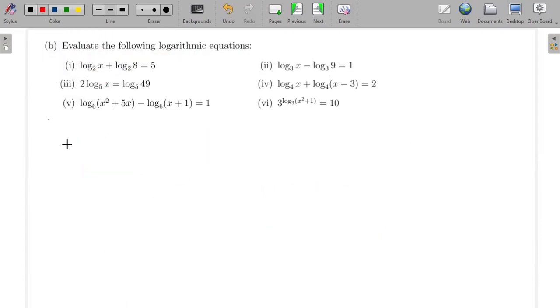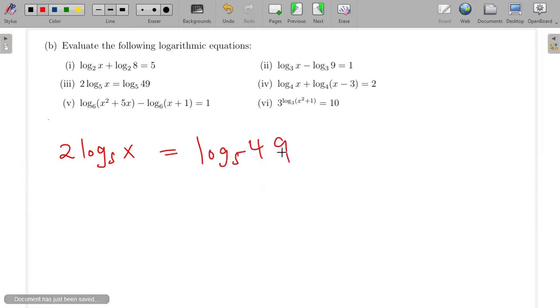So the third one, we have 2 log base 5 x is equal to log base 5 9. Okay, so what can we do there? The first thing is to use this law. So we said if I have log base a of b to the power c, I can actually drop this c, remember?